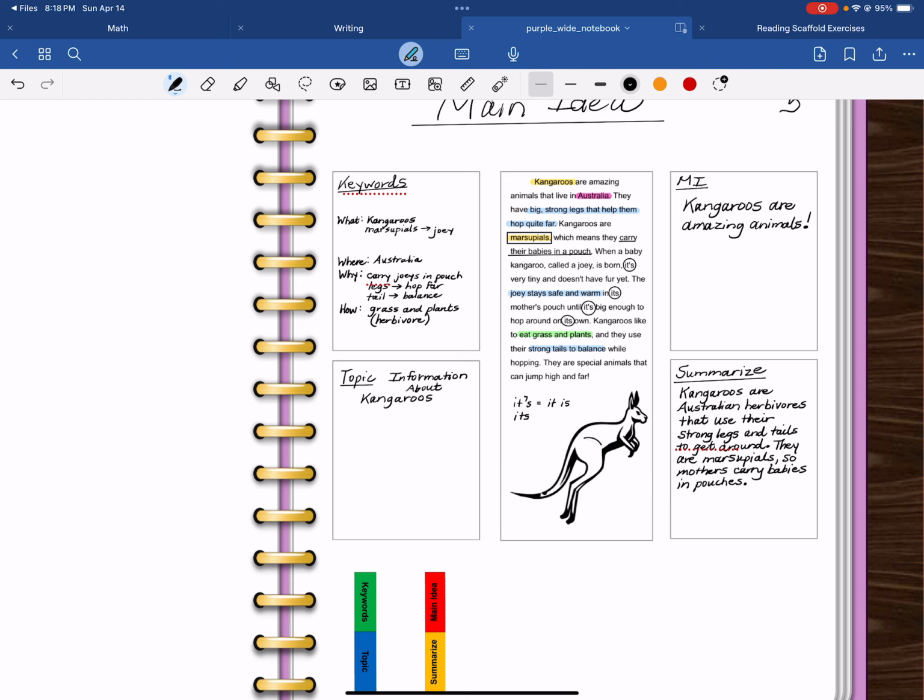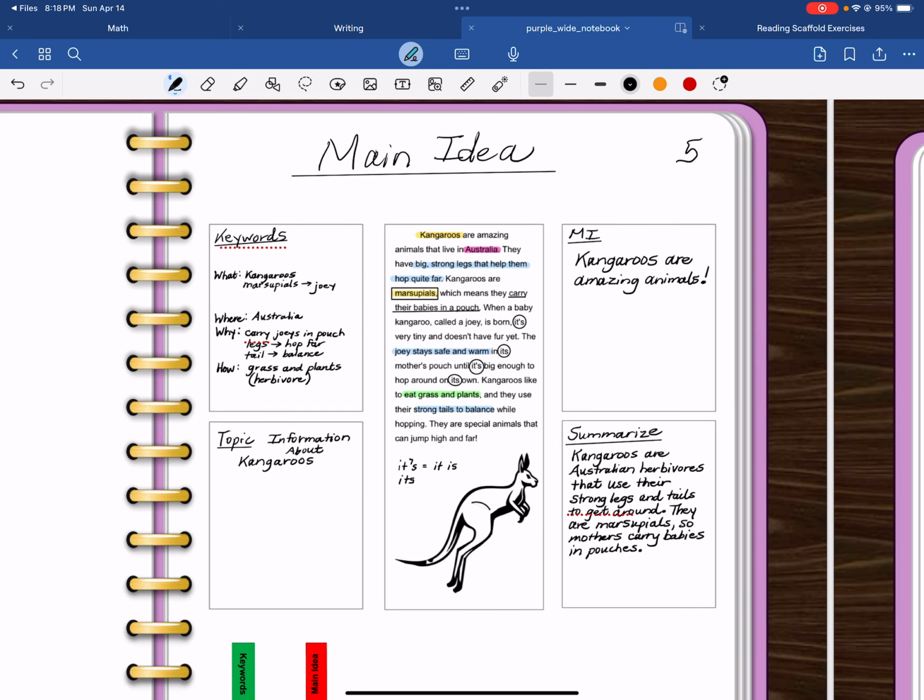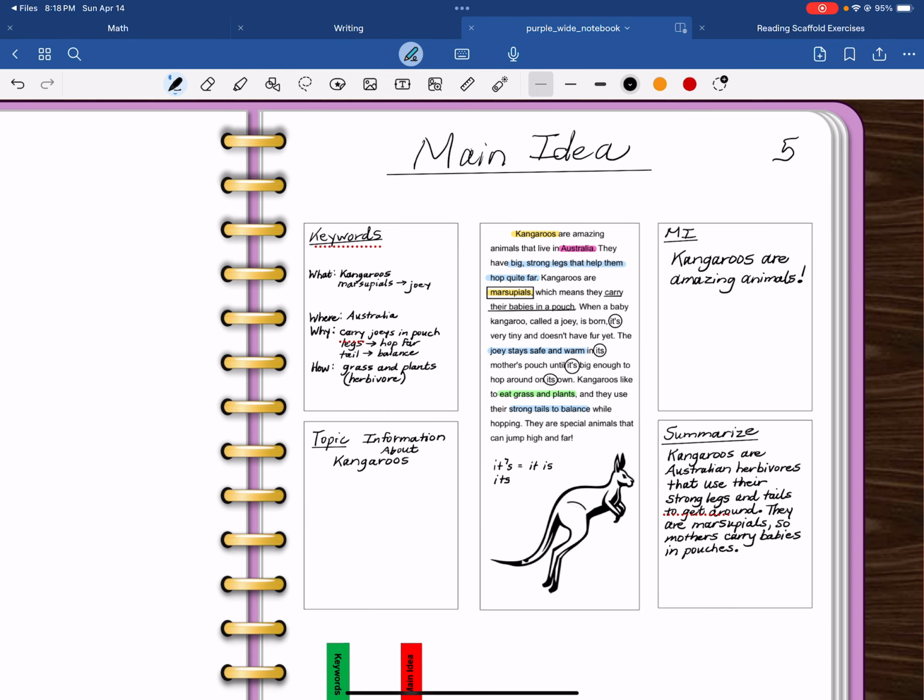Main idea was a little bit harder for me, and summarizing was very hard for me. Just putting it in my own words without recopying. We can't just copy someone else's work. We have to put it in our own words. And it's a very, very important skill. So in the next clip, we'll use these things that we learned about kangaroos to answer some questions.